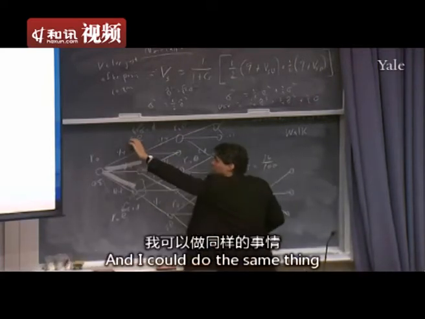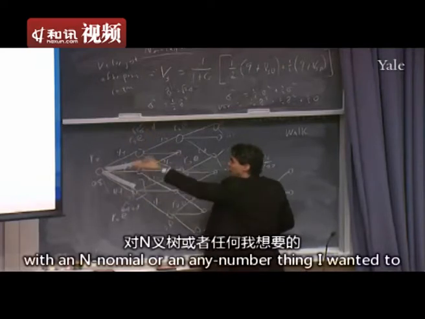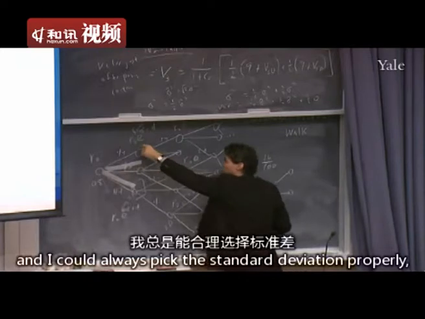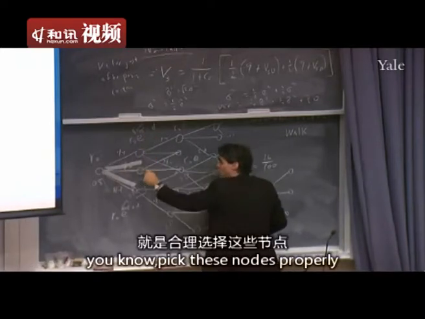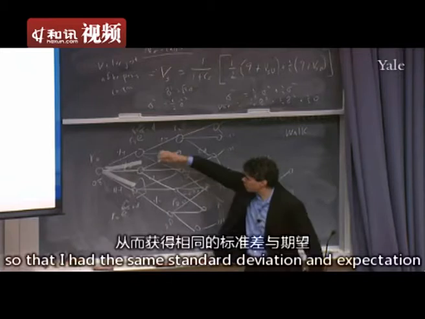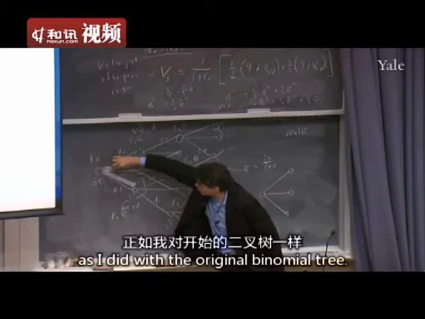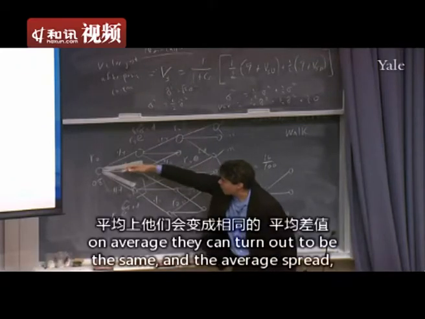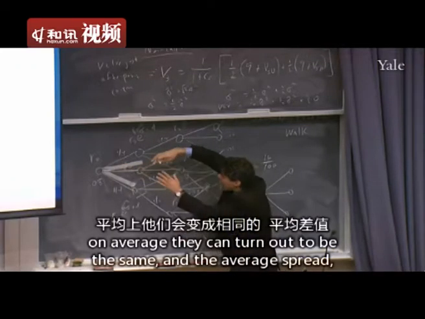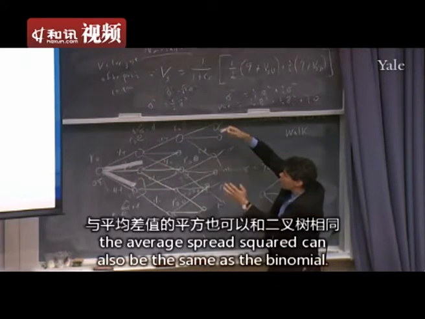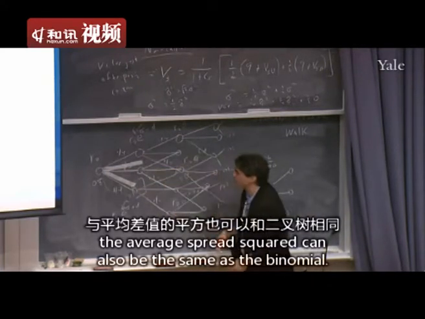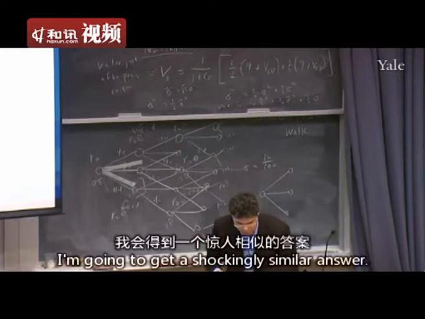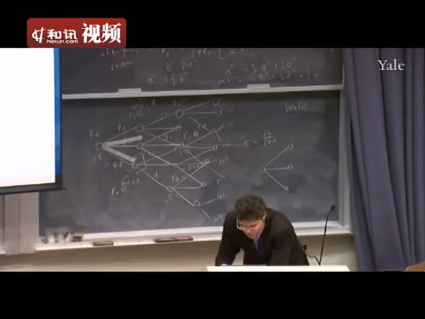I could do the same thing with an n-nomial, picking the nodes properly so that I had the same standard deviation and expectation as the original binomial tree. So just because I've got 3 nodes or 5 nodes, on average they can turn out to be the same, and the average spread squared can also be the same as the binomial. And if I do that, I'm going to get a shockingly similar answer.